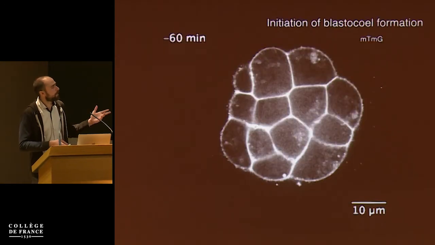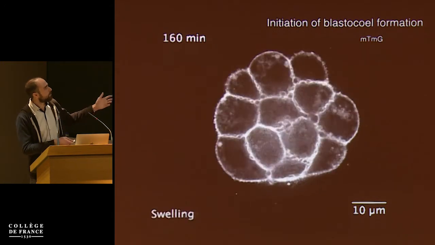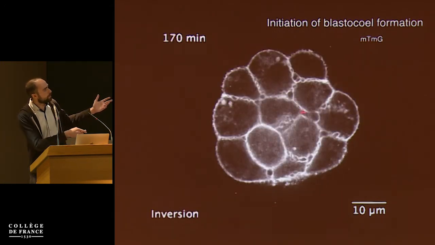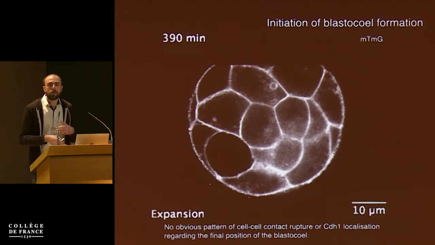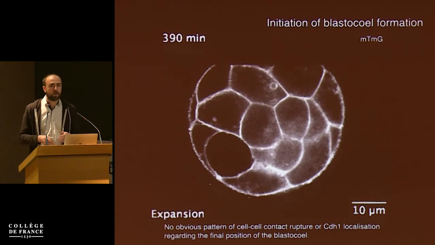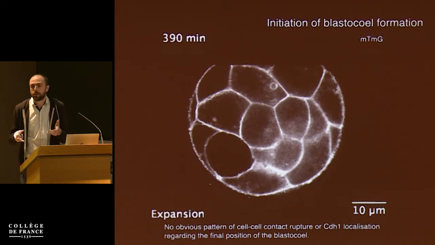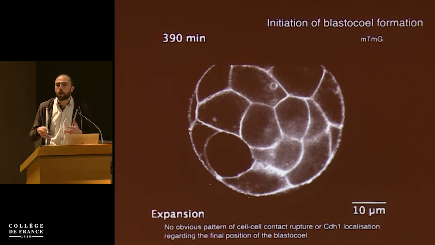One way to look into that is to look at this embryo, which is undergoing hydraulic fracturing, and we see that, for example, this side here has a bit more cracks than this side here, but eventually the blastocoel forms on the other side. And we looked in more detail into the patterns of fracturing, the rate of formation of those lumens, the concentration of E-cadherin, the heterogeneity of E-cadherin, and we could not find an obvious pattern of adhesion or fracturing which would explain where the blastocoel forms.